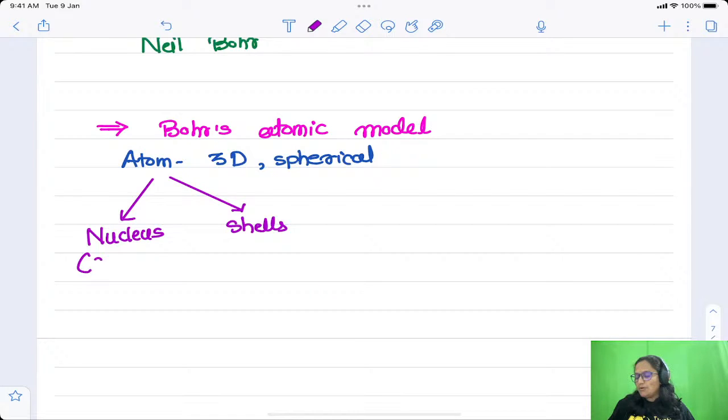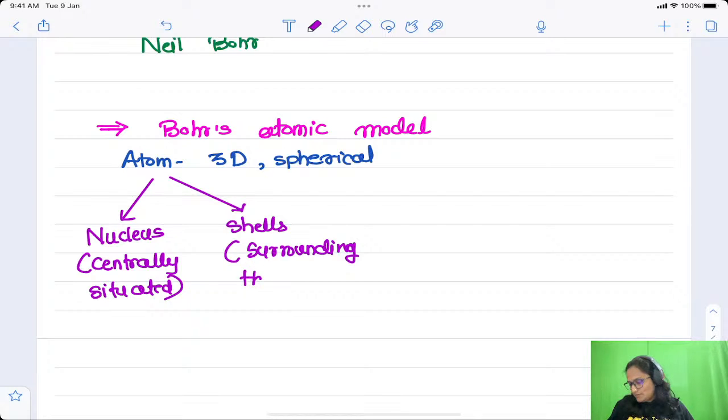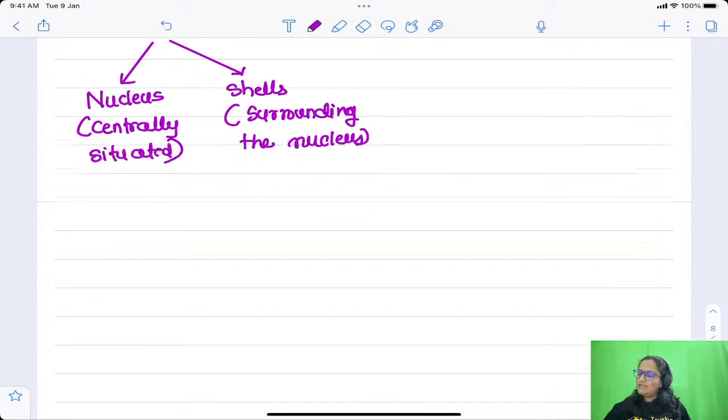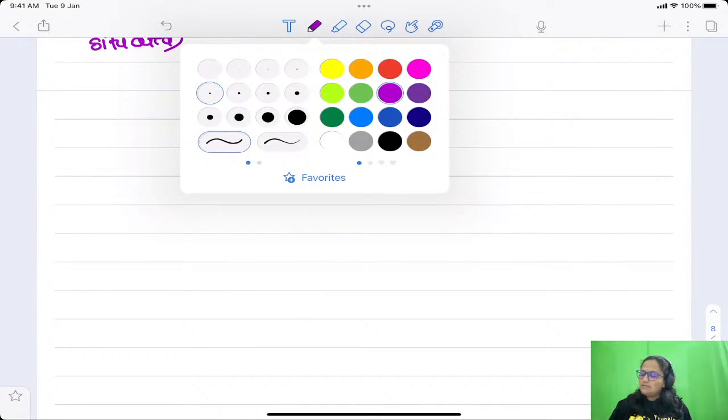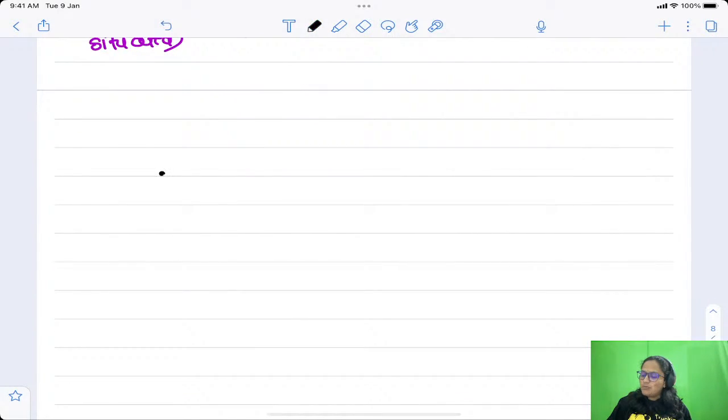Nucleus is the centrally located part, centrally situated, and shells are surrounding the nucleus. This nucleus is situated at the center, and it has subatomic particles called protons and neutrons. So this is the nucleus of an atom.